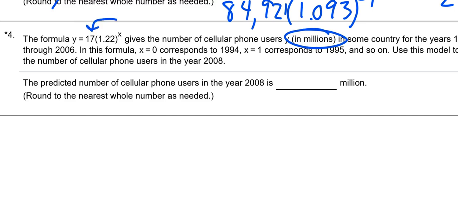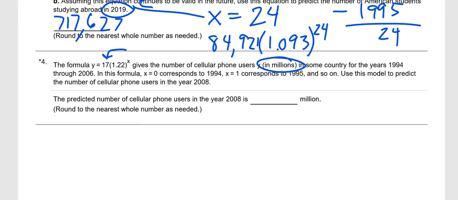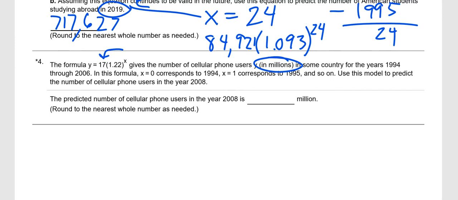That's 17 million people. So what year did that start? 1994. They were kind enough to tell me that X equals 0 is 1994. So, before you were born, there were 17 million cell phone users. Yeah, million. Okay?